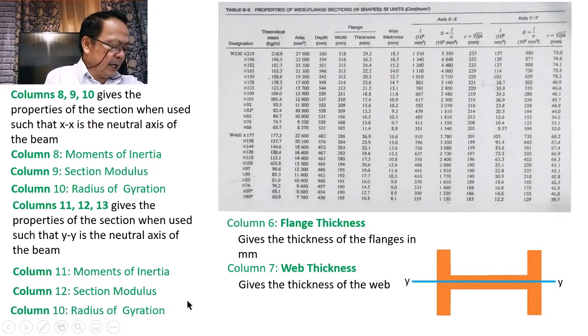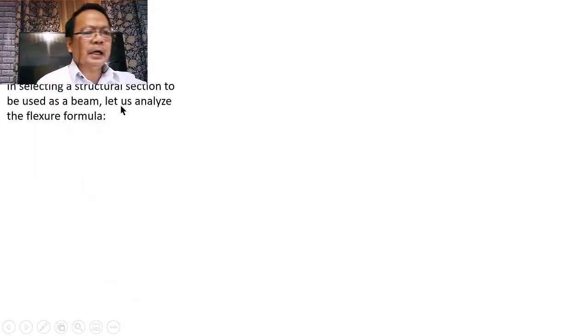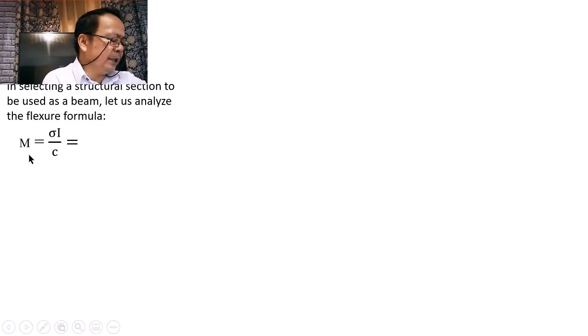So balikan ko lamang itong discussion natin. Sabi dito, in selecting a structural section to be used as a beam, let us analyze the flexure formula. Balikan lamang natin yung flexure formula. Again, it is the flexure formula, di ba? That stress equals I, that moment is equal to the stress multiplied by I over C. Or simply, it is equal to the stress multiplied by the ratio of I over C. Diba?